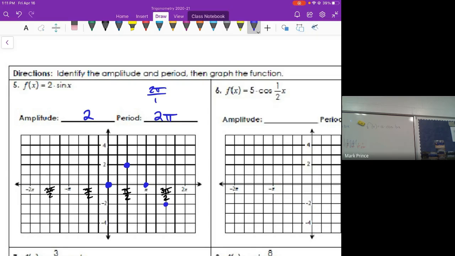We went up, we came down. Now we have to go back up. Once you hit the amplitude line, you have to come back up. Counting tick marks, let's go right 2 units and up 2 units. So we hit it right there.